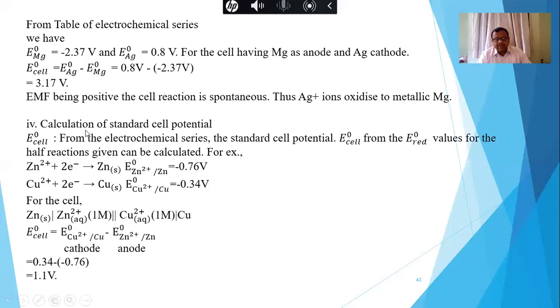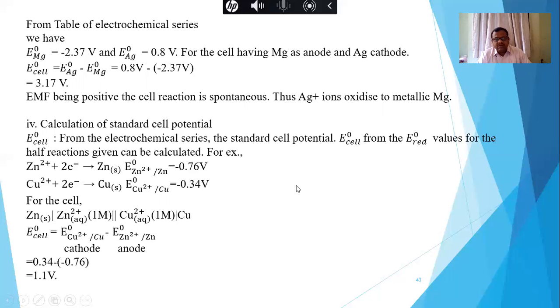The fourth application of EMF series is in calculation of standard cell potential. The E standard cell can be calculated from the electrochemical series, from the standard reduction potential values of the half reactions.